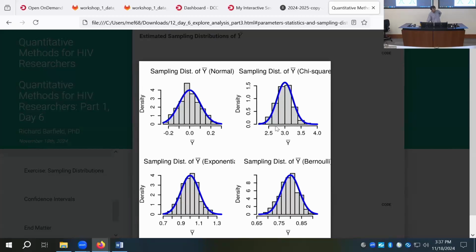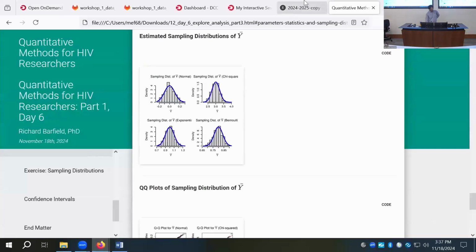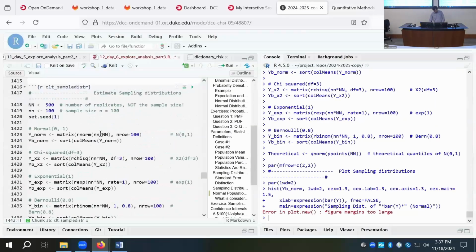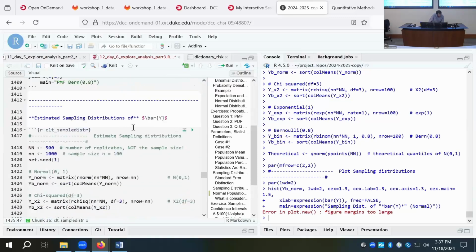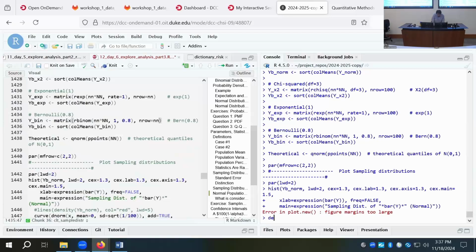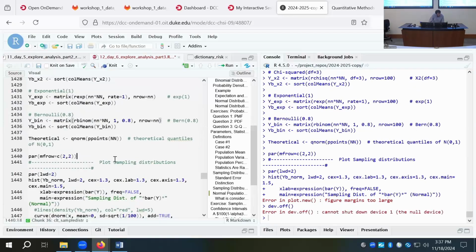All right. So if we redid this with like 1,000, I can get this to work. All right. So figure margin's too large. Maybe that'll fix it.